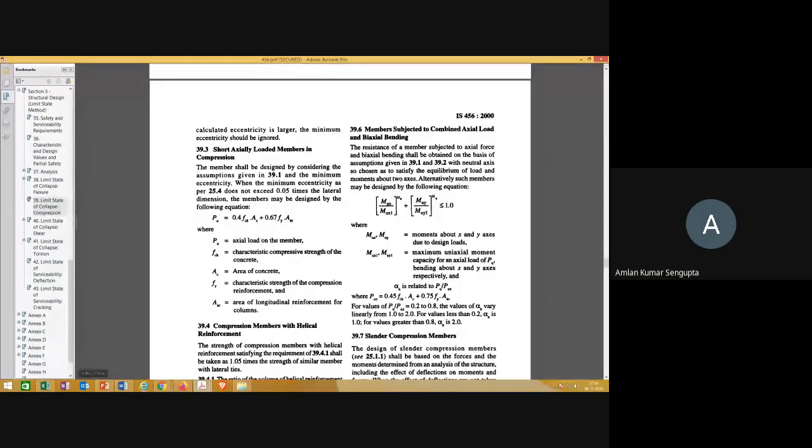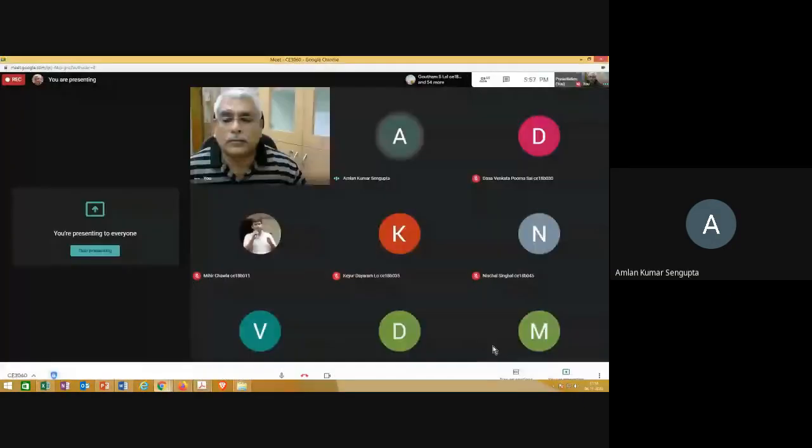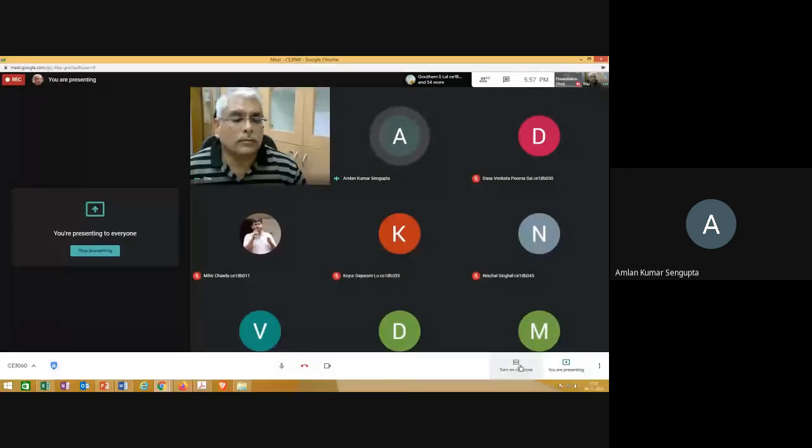Yeah, I should just mention that whatever loading we are considering is under gravity loads. It means a column under axial load may be subjected to bending under lateral loads. That's why, in general, we typically always consider some bending also.